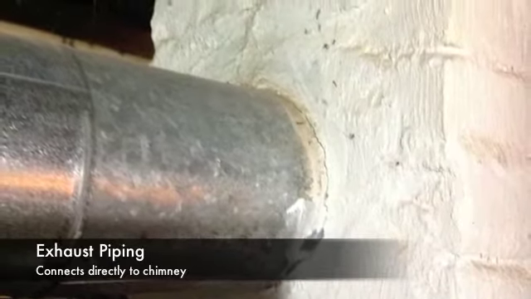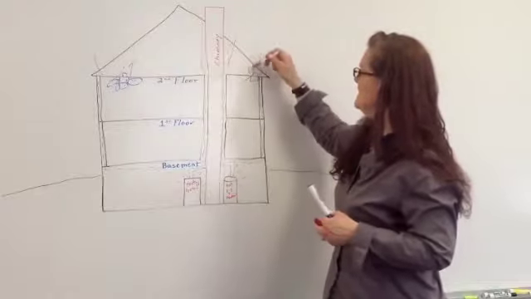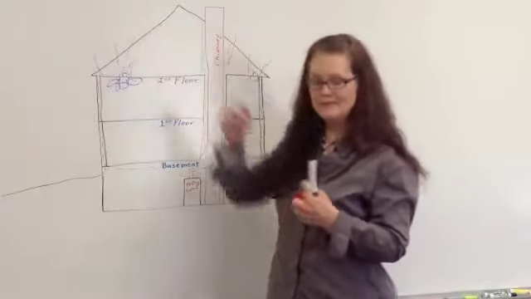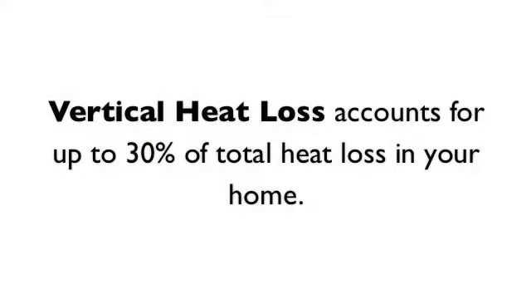So our chimneys don't get anywhere near as hot as they used to, yet we have this open space right here, all the way up to the attic floor, which is a really easy way for heat to leave the basement, to get attracted through the wall cavities, and to eventually leave the house. Now, you might not think that this heat that is leaving is actually that big of a deal, but you would be surprised to know that it can account for up to 30% of the heat loss in a home.